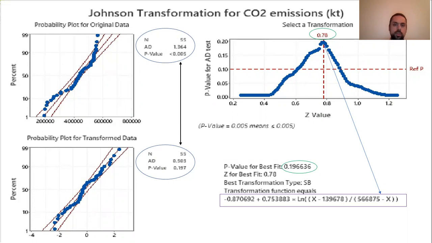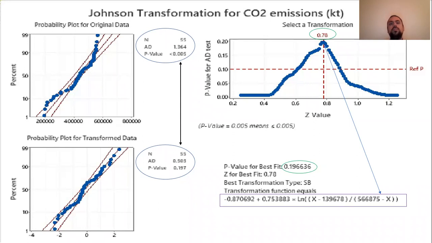So it's the same. For the primary chart, the AD, which is Anderson-Darling, is 1.364. What is the Anderson-Darling? Whenever this number is higher, it means that the spread of our data is more. Whenever it is smaller, it means that data are close together.